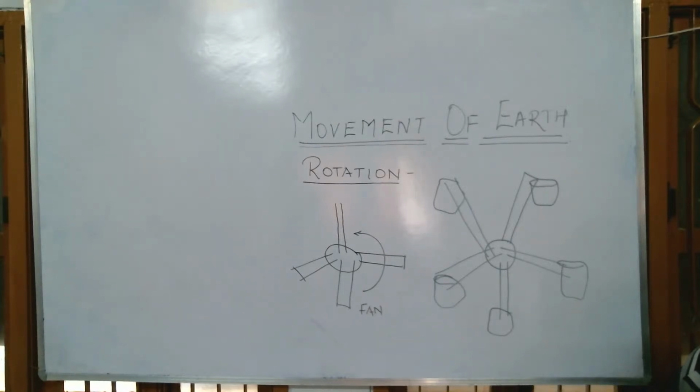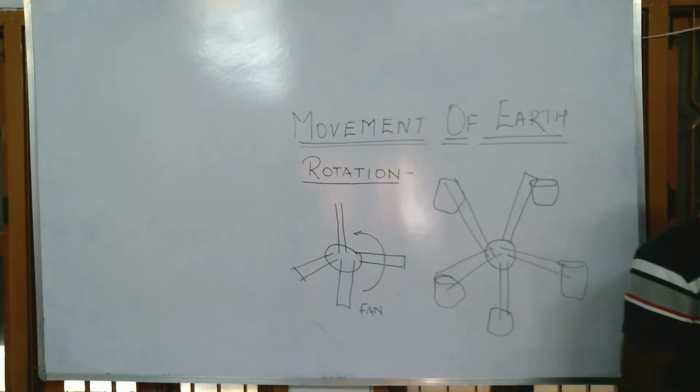Earth is moving, rotating. It is also showing revolutionary motion, that is revolution. Okay, it is moving in elliptical orbit around the sun. No doubt in that. But can we feel that? You give me such example which you see in your surrounding.